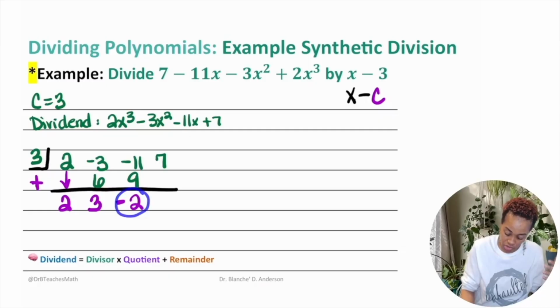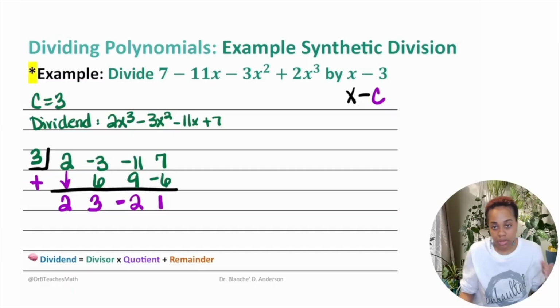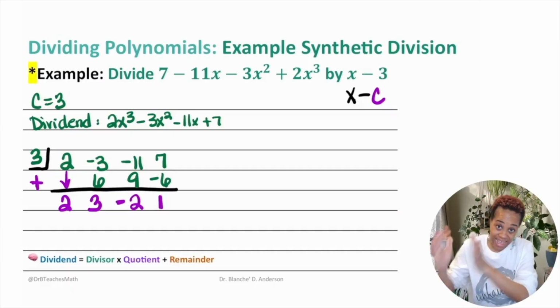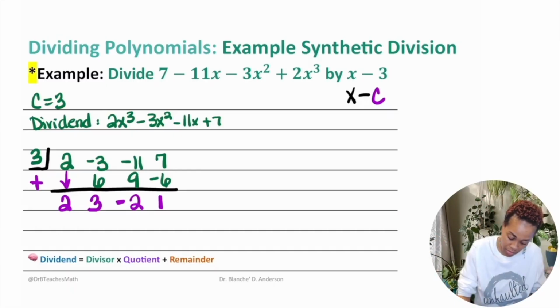And then minus 2 times a positive 3, that's going to be a minus 6. And then 7 minus 6 just gives me 1. So I know that I'm done. The last spot is always going to be the remainder. Okay, so I'm going to box that.